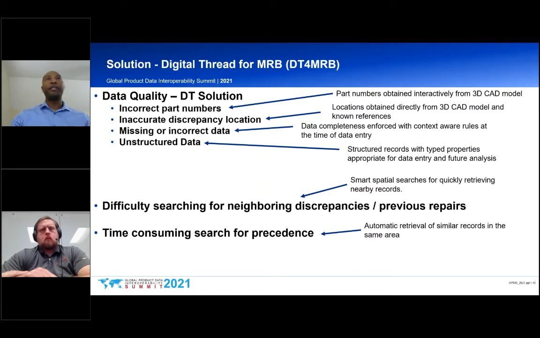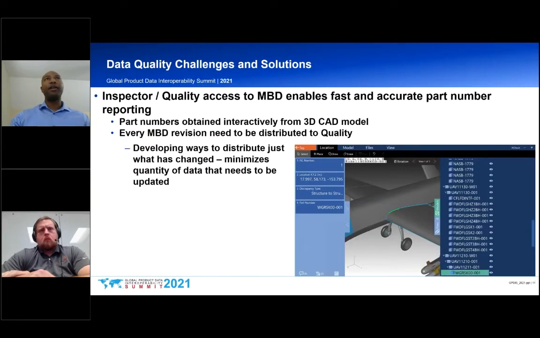So inaccurate discrepancy locations, those locations can also be pulled directly from the model-based definition or the three-dimensional CAD model for that part. Missing or incorrect data, your digital thread system should have rules to enforce all of your data validity requirements, as well as structuring the data in a way that's going to make it very good for future searching and analysis.